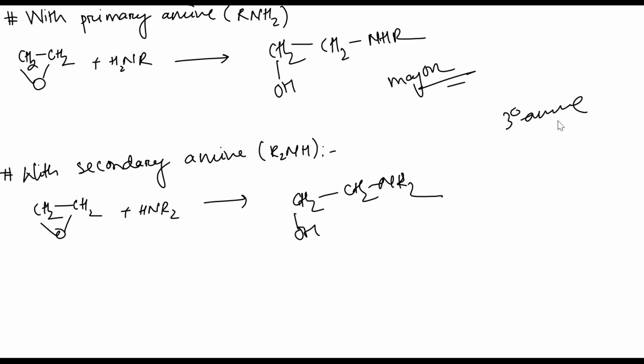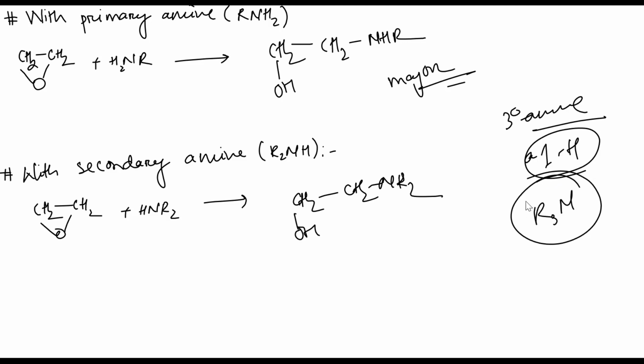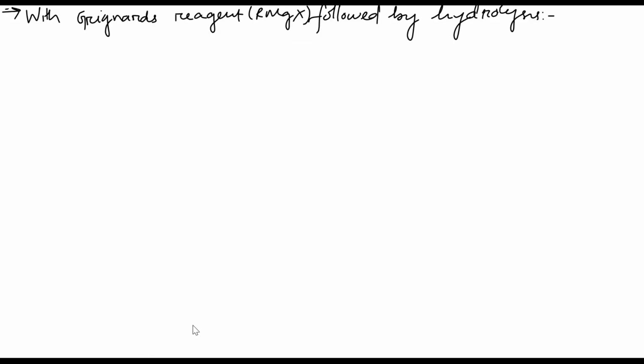In the next reaction we will see the reaction with Grignard reagents. The Grignard reagent, RMgX, is MgX plus and R minus, so R acts as a nucleophile. This will attack the epoxide carbon. Let us consider one reaction: CH2 single bond CH2, or ethylene oxide, reacts with CH3MgBr.